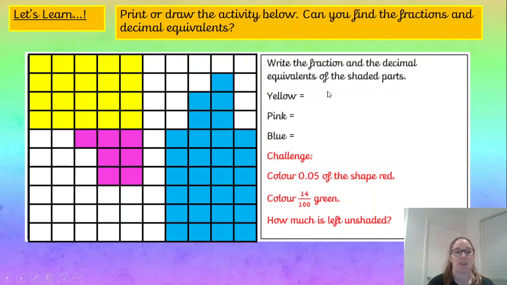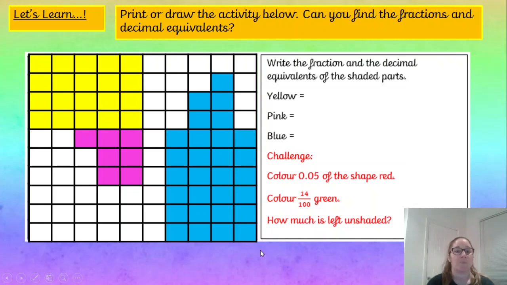You're going to write it as a fraction, and then as a decimal. You're going to do the same with the pink and the same with the blue. If you're at home and you haven't got colouring pencils, that's fine. You could just draw the same amount of squares and write the initial first. So you could do Y for yellow, P for pink, B for blue in the boxes.